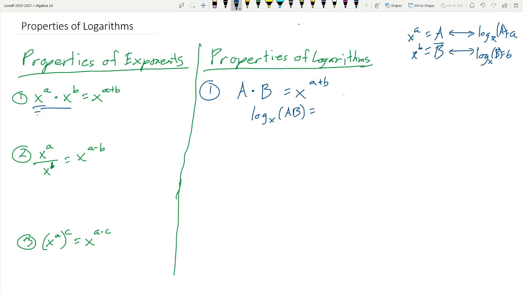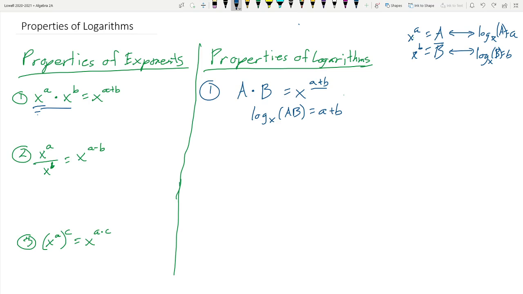And that would be equal to the exponent right here, a plus b. Right? So all I did so far is I just substituted the result of x to the a in for x to the a, and same thing for b, and I rewrote it in its logarithmic form.